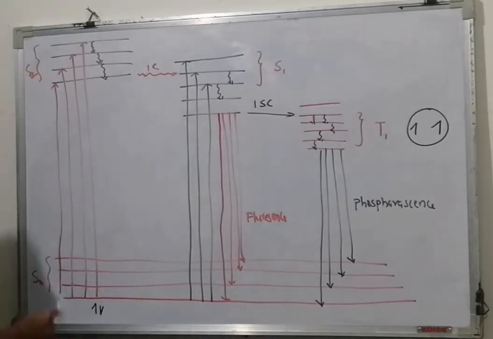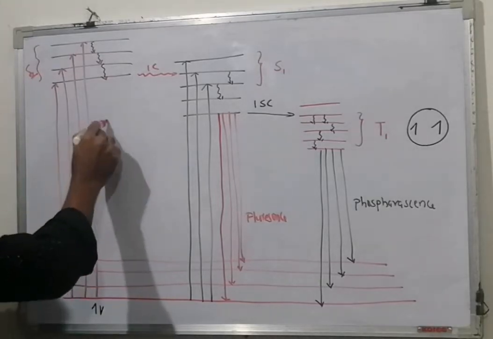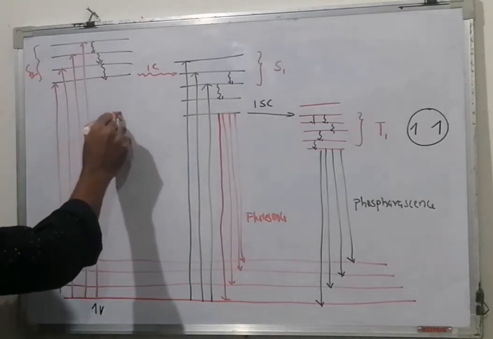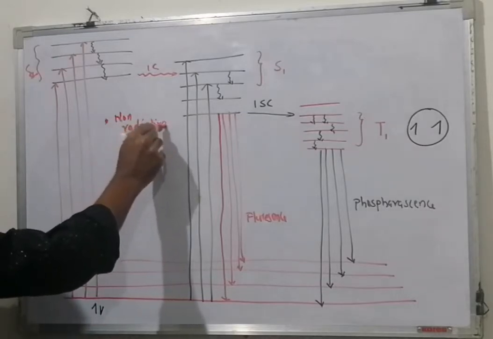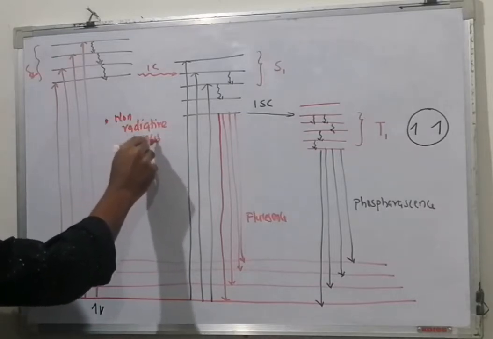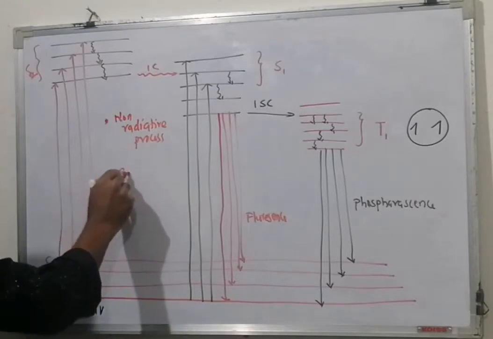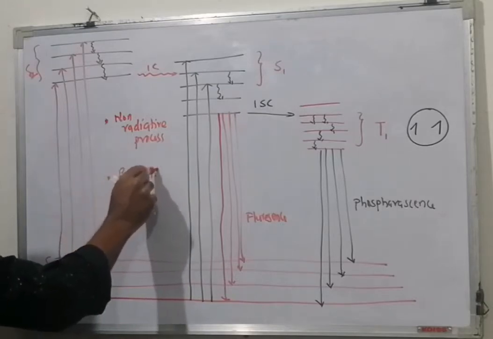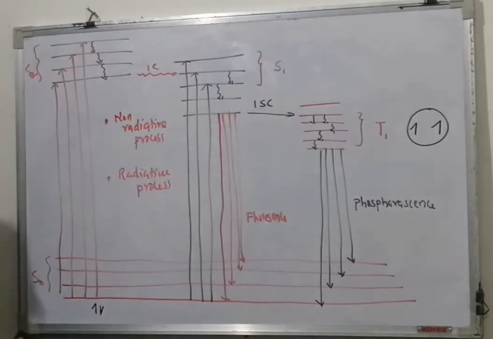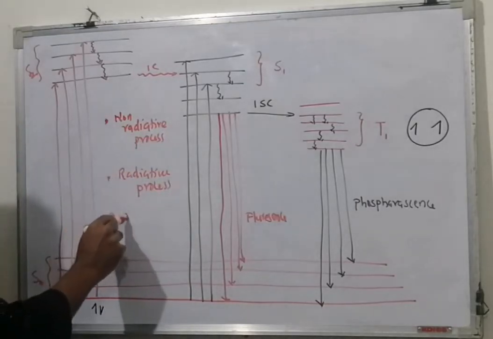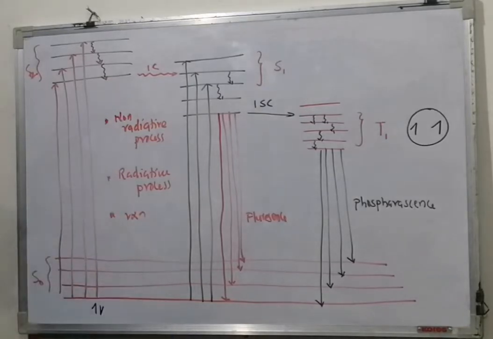There are three possibilities. One is a non-radiative process. Second is a radiative process. Third is a reaction, a chemical reaction.